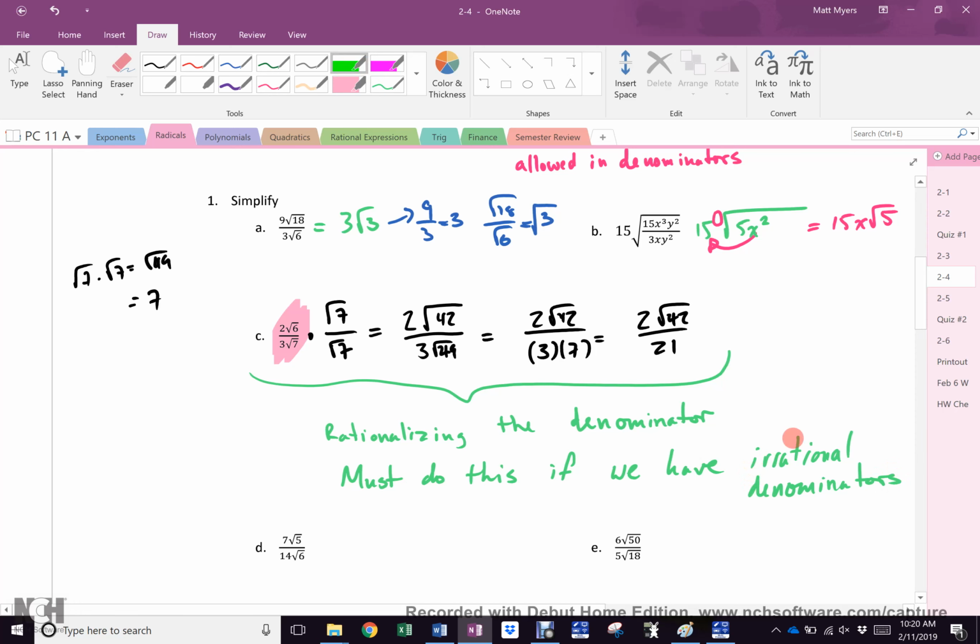Everybody cool? We must do this if we have irrational denominators. It is not an option. Okay?